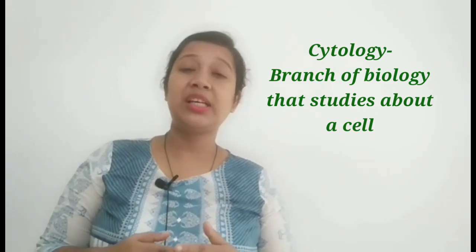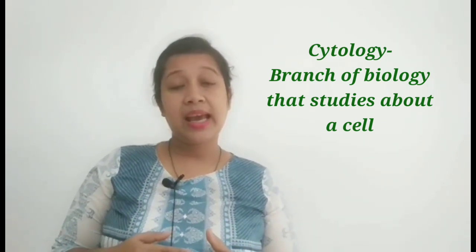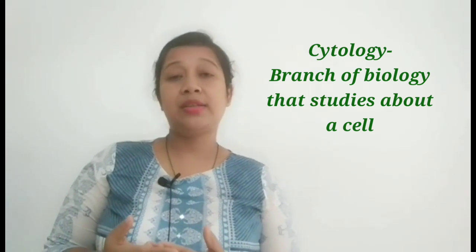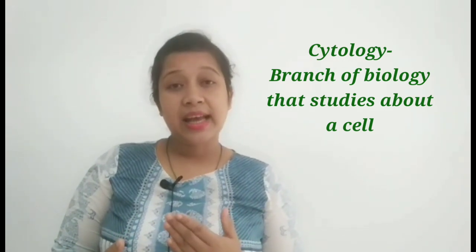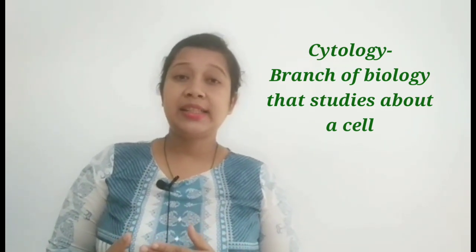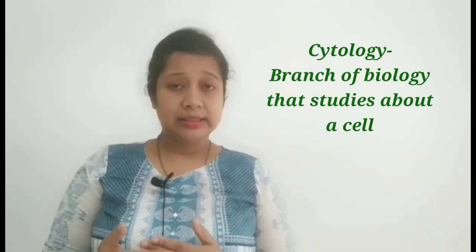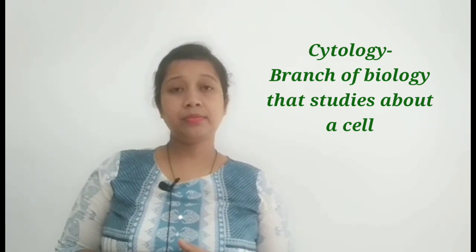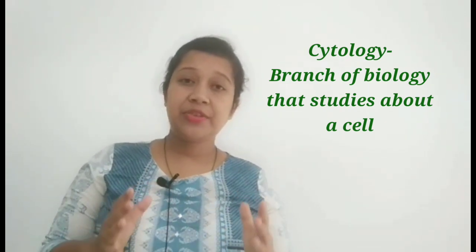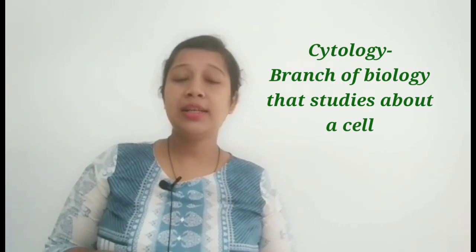Now that whole concept changed, and the branch of cytology helped scientists to know about the different types of organisms. So this is a very short introduction to the cell.